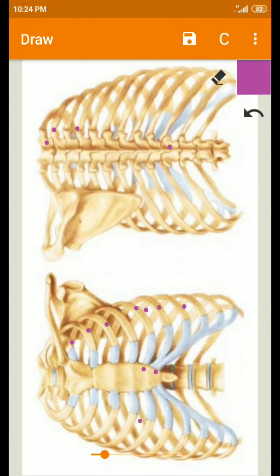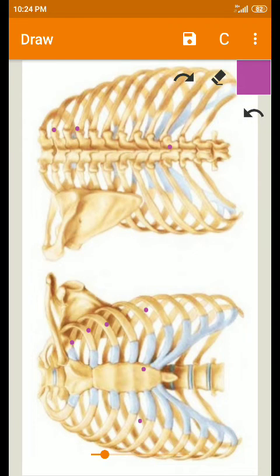The ribs which have direct connection along with its costal cartilages to the sternum and the vertebrae are called true ribs.